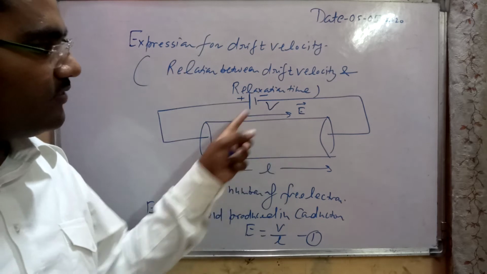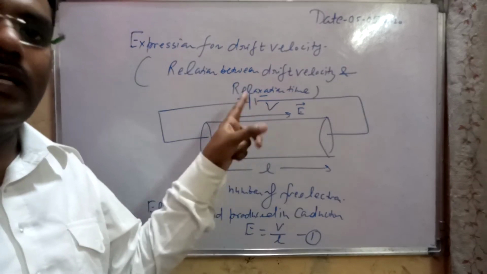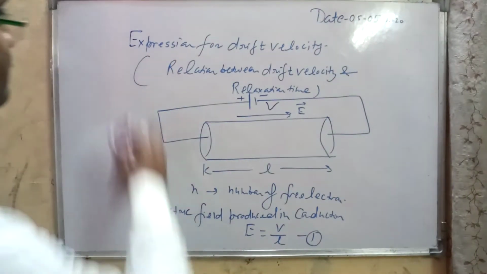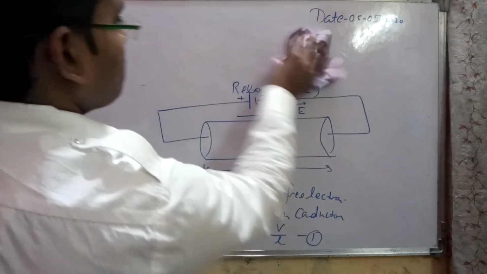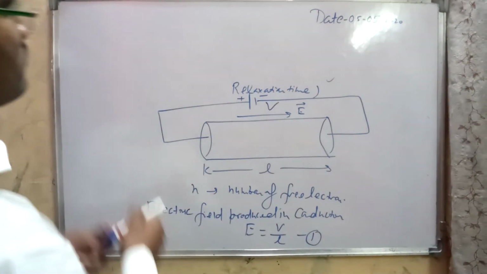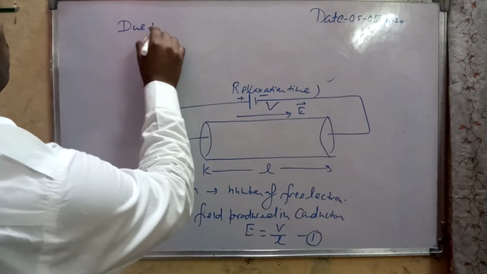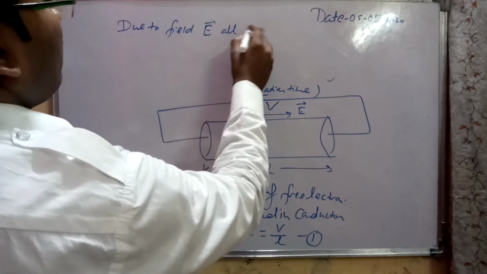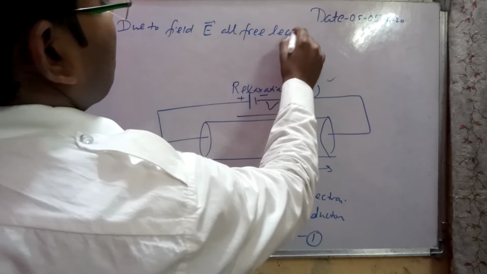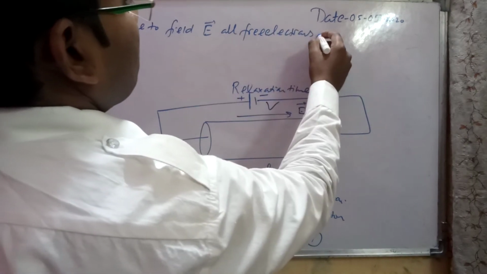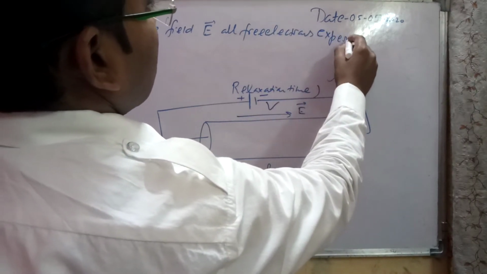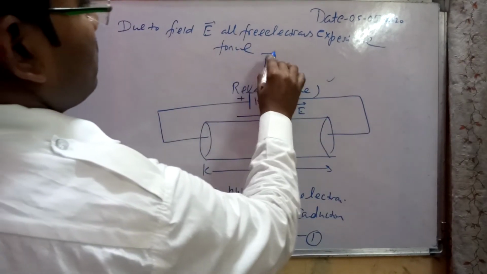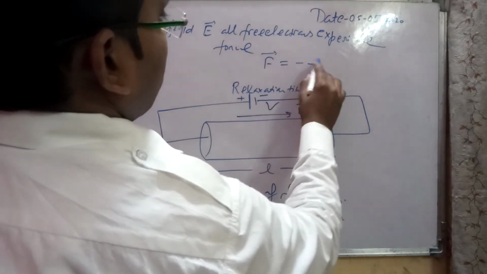That means all free electrons experience electrostatic force due to this field E. Due to field E, all free electrons experience force F is equal to minus eE.